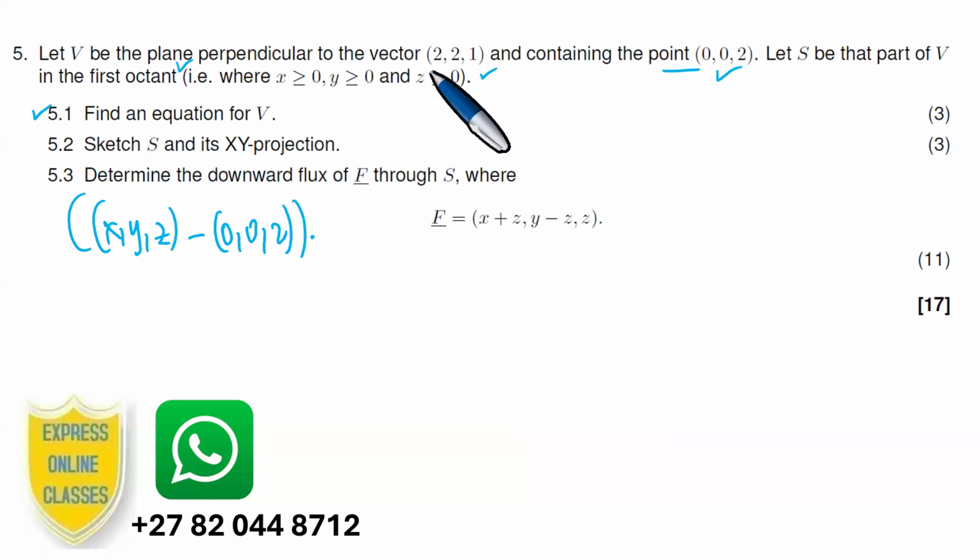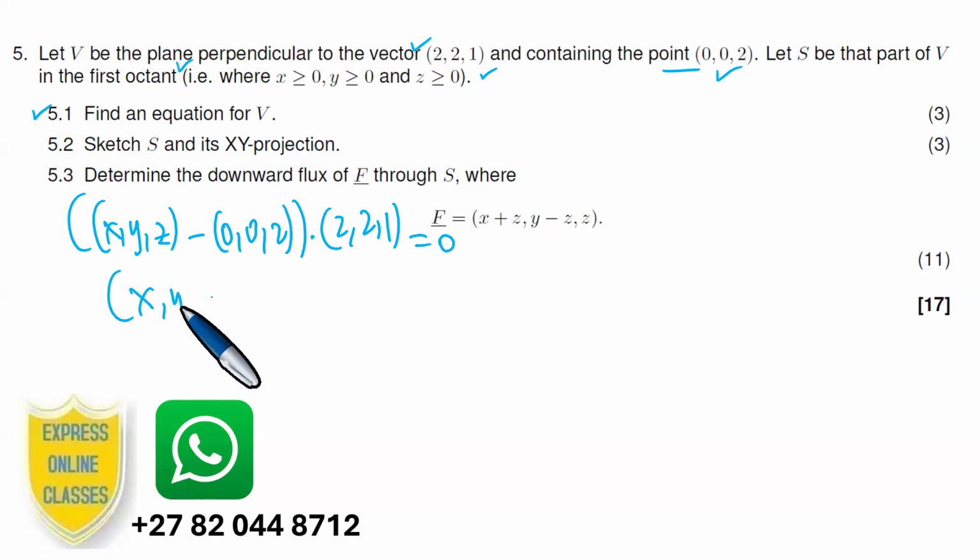Then you take it and dot it with the vector 2, 2, 1, and this is equal to 0. So x, y, z minus 2.